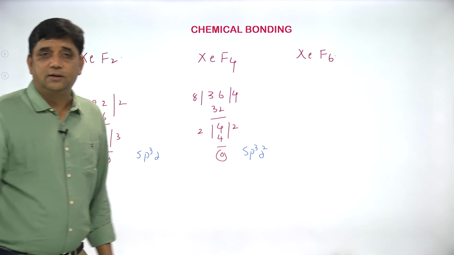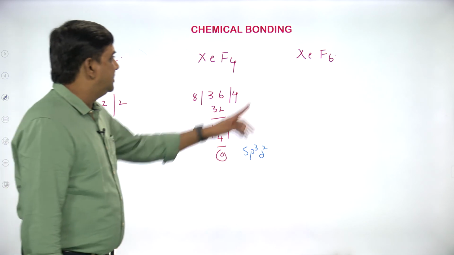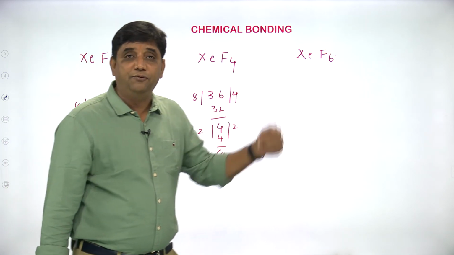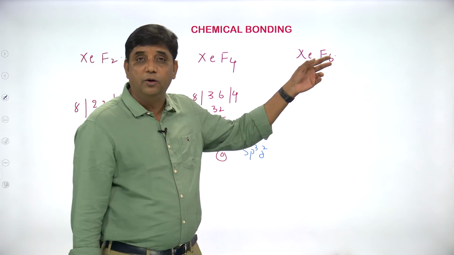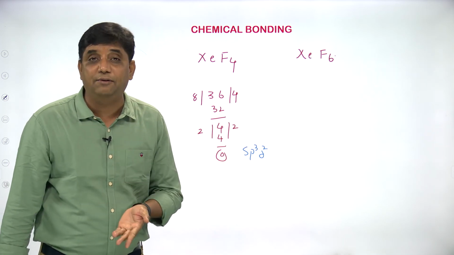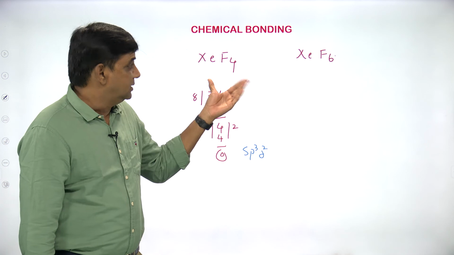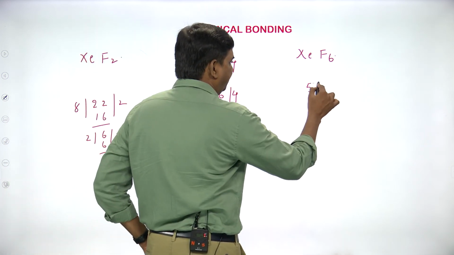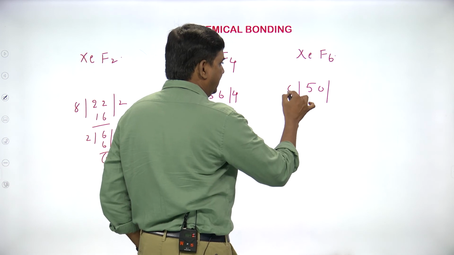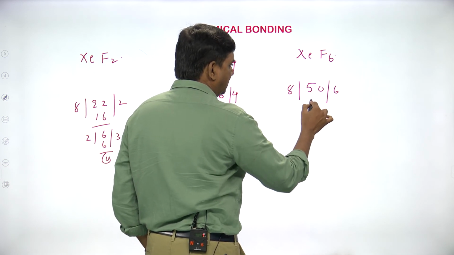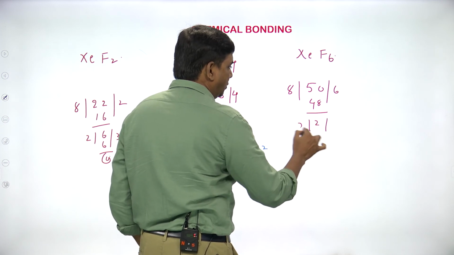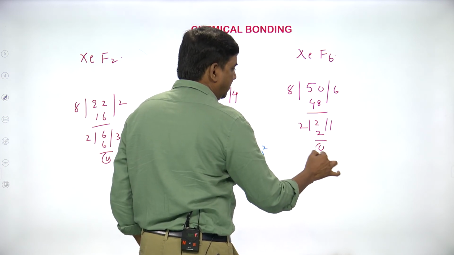Xenon hexafluoride, how much? Xenon is 8 electrons and 6 fluorines. Each fluorine contains 7 electrons. So, 7 6s are 42, 42 plus 8, 50. 50 should be divided with 8. 8 6s, 48, 2. So, 2 ones are 2, 0.